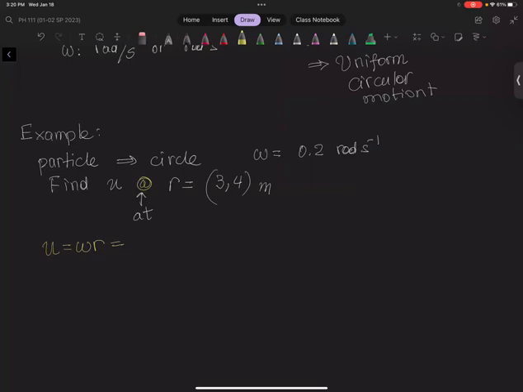But at that point, do we know the radius? What is it? Isn't this the case? Yeah, that's it. 5 meters. Therefore, the linear speed is 0.2 times 5, 1 meter per second.